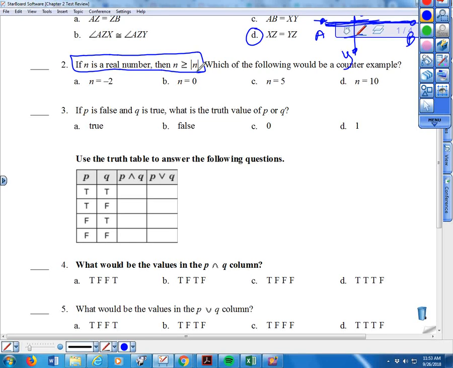Okay, so if I put 0 in for n, is 0 greater than or equal to 0? Yes, because it's got the or equal. So that one's not going to be a counterexample. 5 greater than 5, 10 greater than 10. How about negative 2 greater than or equal to 2? Because the absolute value of negative 2 is positive 2. So letter A is your counterexample.